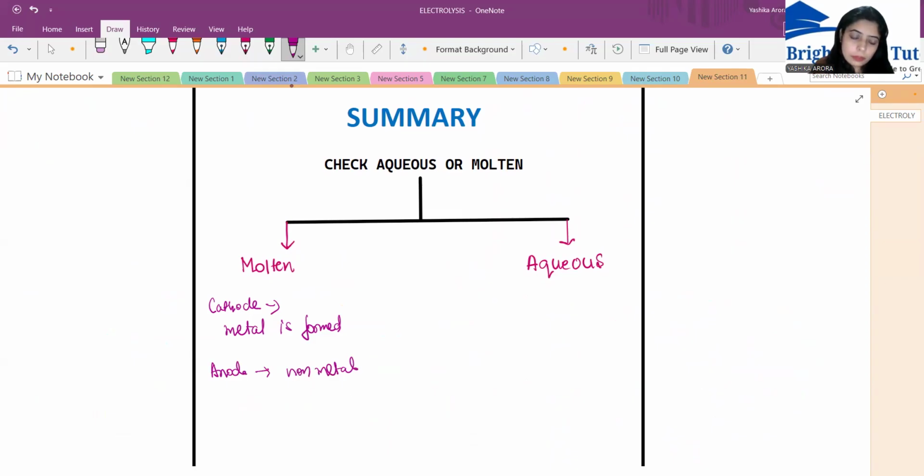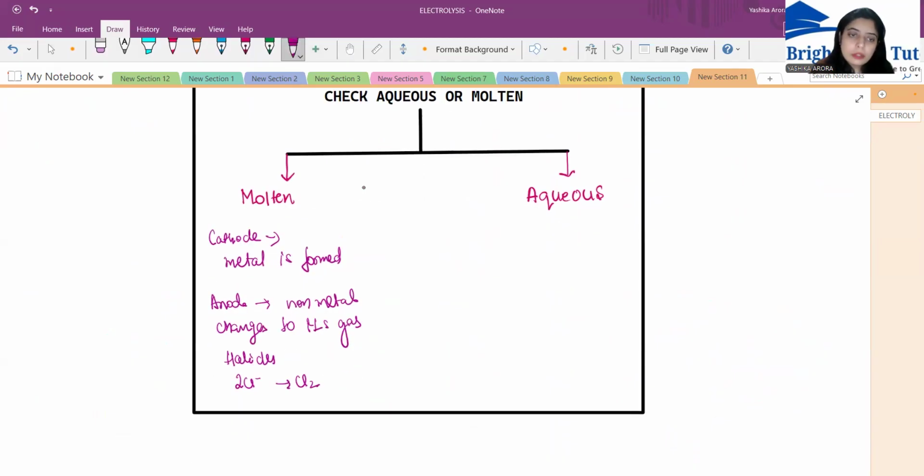The non-metal changes to its gas. If you have halogens or halides, 2Cl minus will give rise to chlorine Cl2, or Br minus changes to Br2, like these.